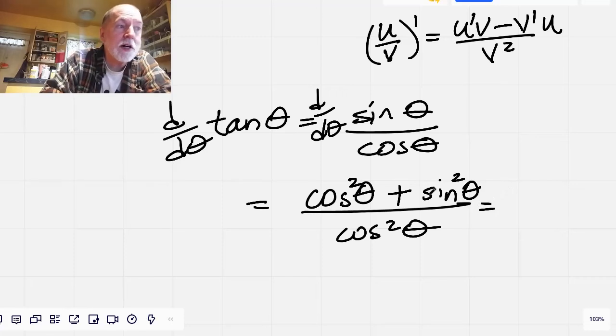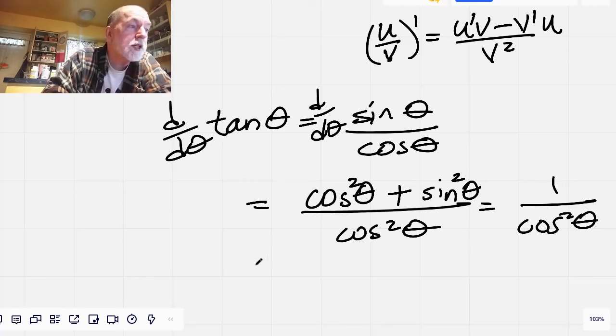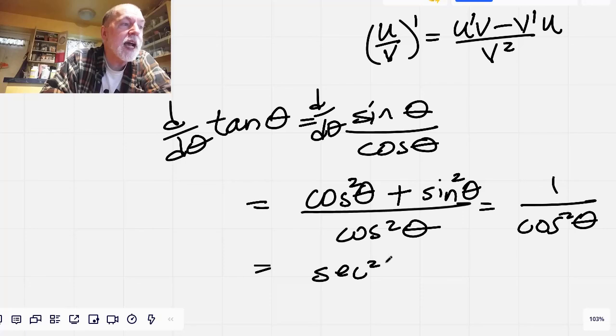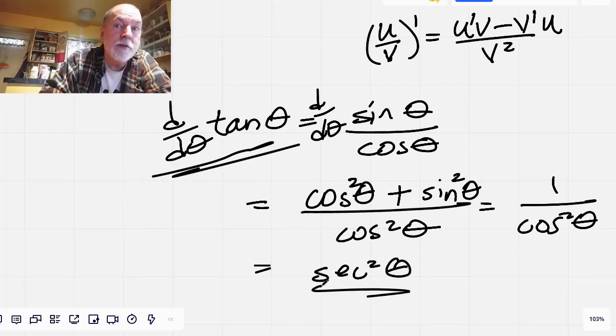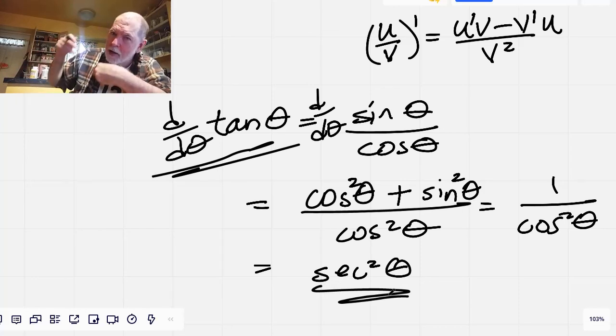But all of this on top, that's just 1, so it's 1 over the cosine squared of theta, which we have a name for, and that is the secant squared of theta. That is your derivative of tangent. Bob is your uncle.